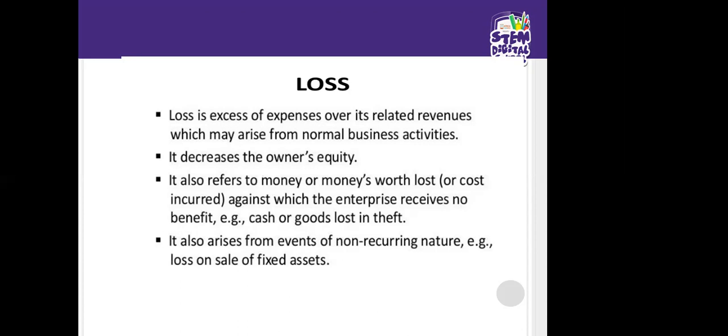For example, you can also have a loss of money when there was, let's say, a burglar in your shop and they have stolen some of the goods or the products or whatever they have stolen. And then that last bullet, for instance, is saying that you can also have a loss on sale of fixed assets.